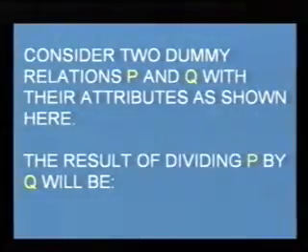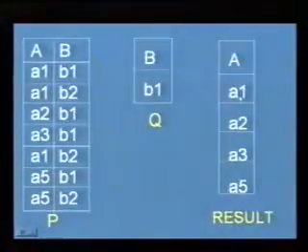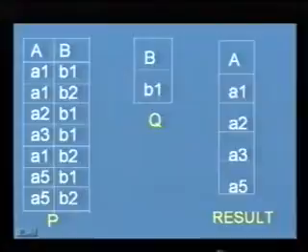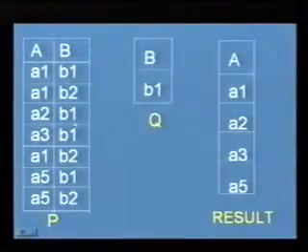Now, if we divide P by Q, the result will contain the attribute A with the values A1, A2, A3 and A5. This is obtained because A1 is associated with B1, so it is there in the resultant relation. A2 is also associated with B1 and therefore it is there in the resultant relation.